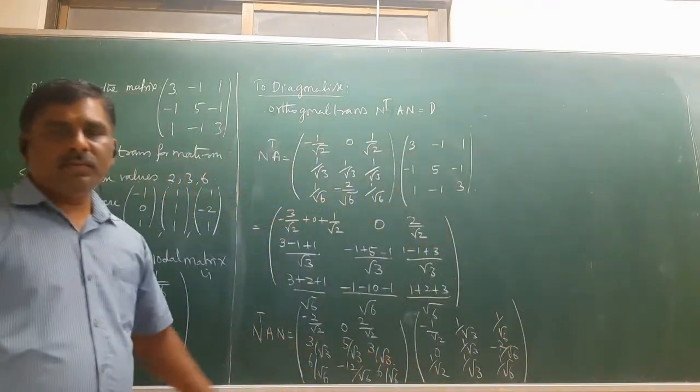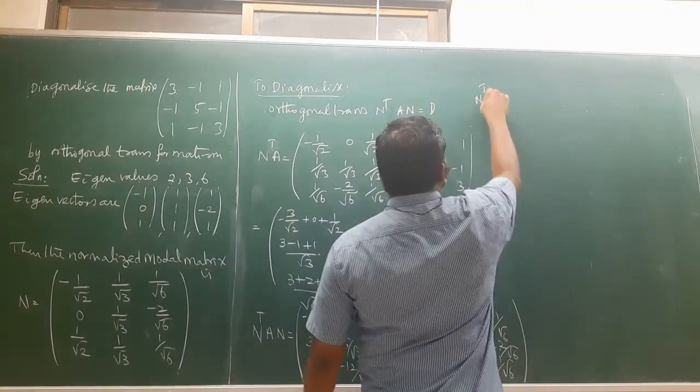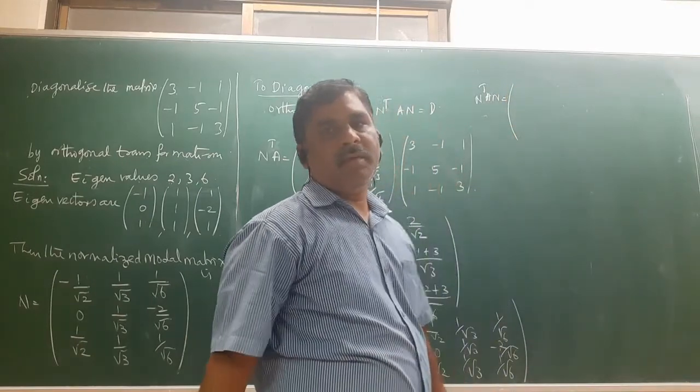Multiply these two, you will get N transpose A N equal to, multiplying here.